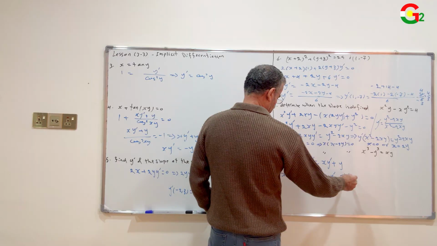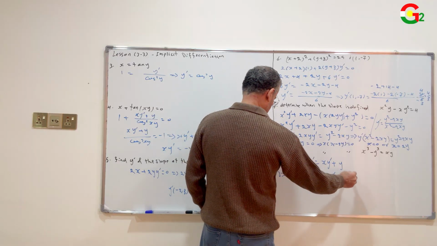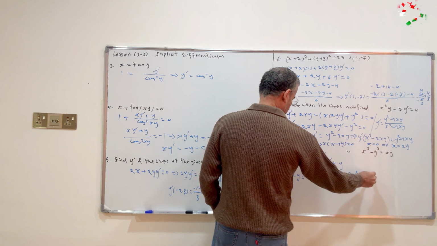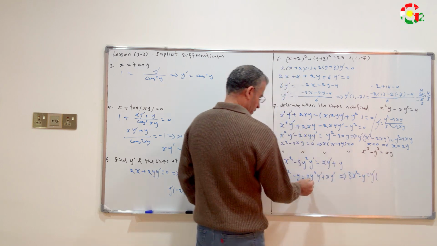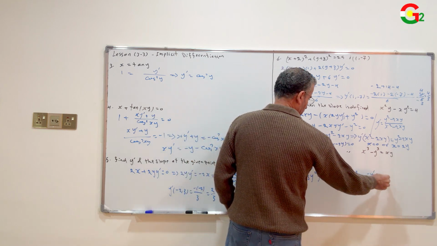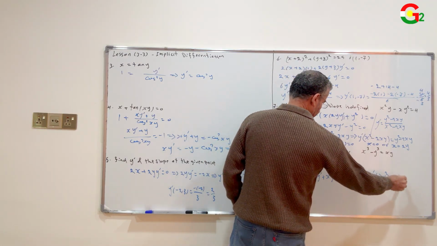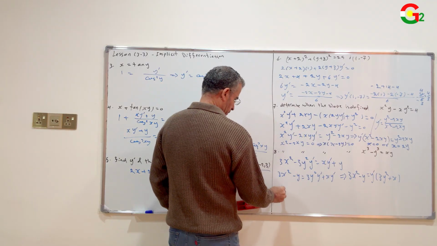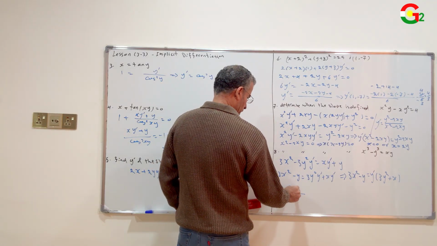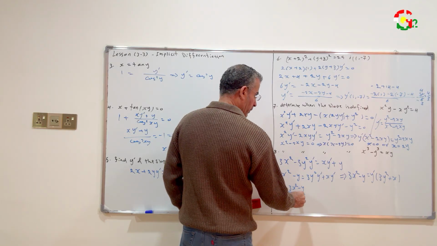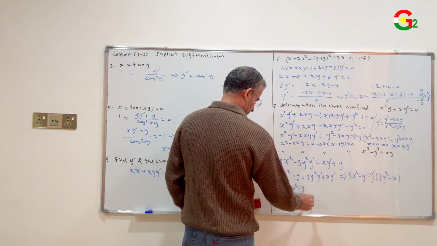Factorize the right side for y prime. 3x power 2 minus y equal to y prime times 3y square plus x. Y prime equal to 3x power 2 minus y over 3y power 2 plus x.